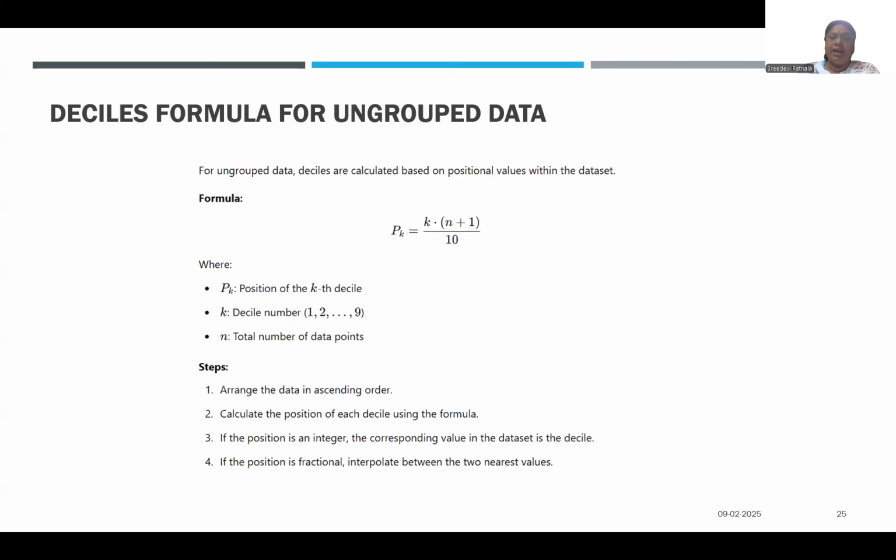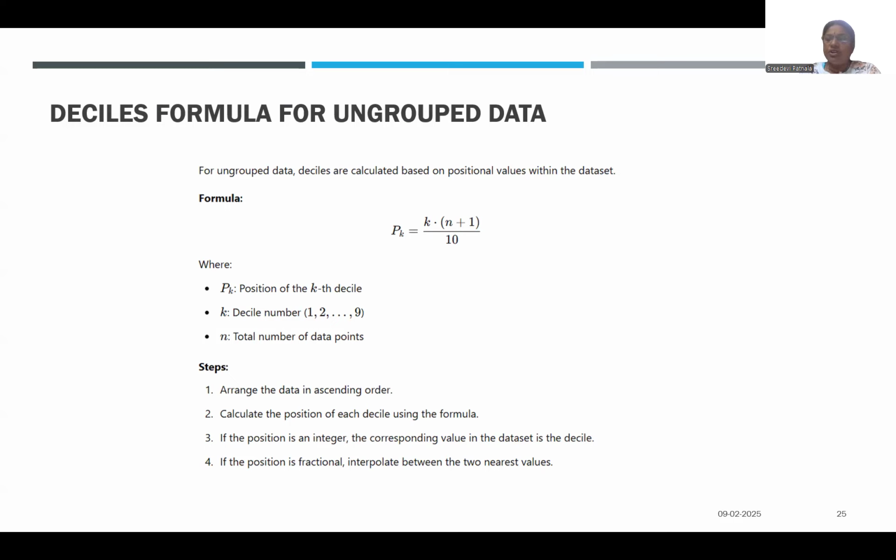So now let's come back to the formula for ungrouped data. Dk equals k into (n plus 1) by 10, where k can vary from 1 to 9, and n is the total number of values you have. The steps are the same: arrange in ascending order, find the position you are calculating, and if it is an integer, it is one value.